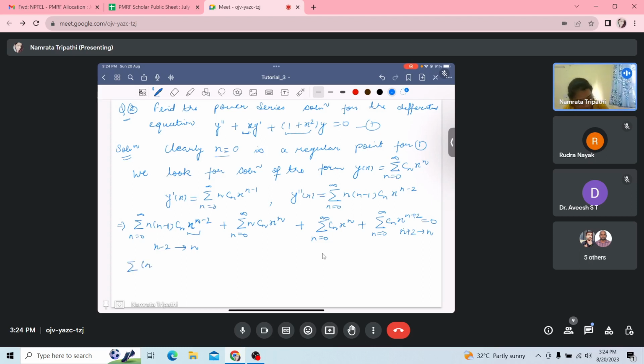So this will become (n plus 2)(n plus 1) c_(n plus 2) x to the power n. You can also take n varying from 2 to infinity here, and 1 to infinity here, because at 0 and 1 this term automatically becomes 0.